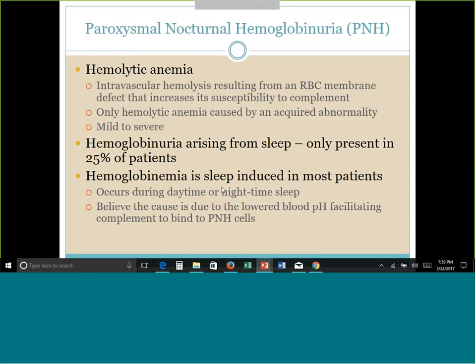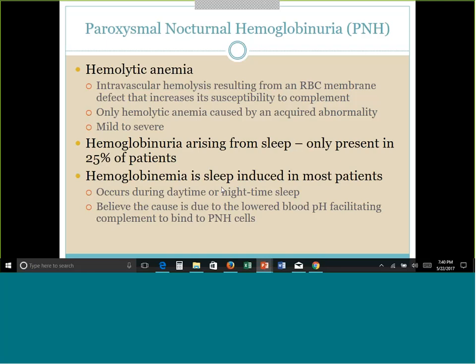As a result, it really increases your susceptibility to complement. So if you haven't been in immunology yet, or if you're in it and you hate it, whatever it might be, complement is a series of proteins that are part of your immune system, and they're meant to destroy. They will target something that's foreign to them, and their goal is to destroy it. Let's leave it at that.